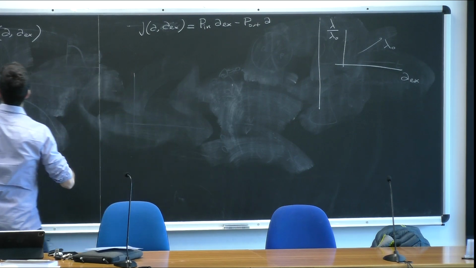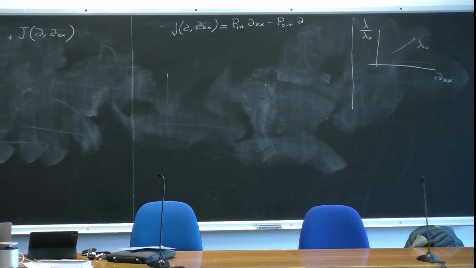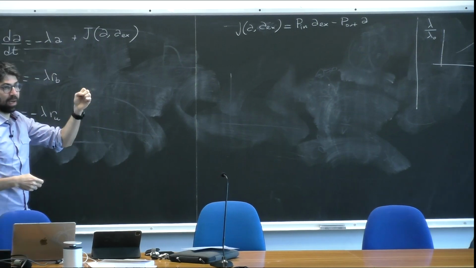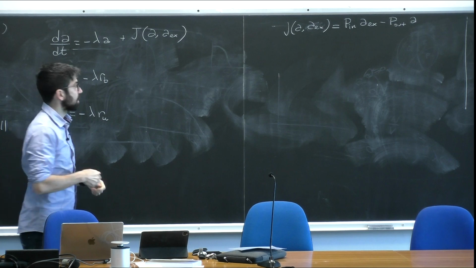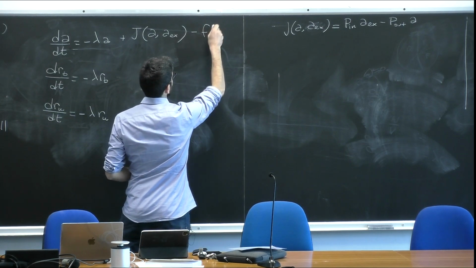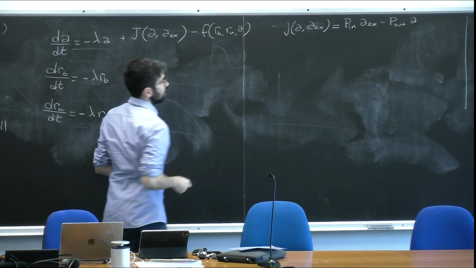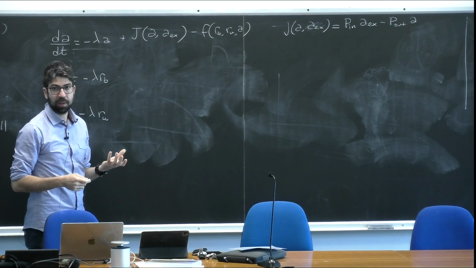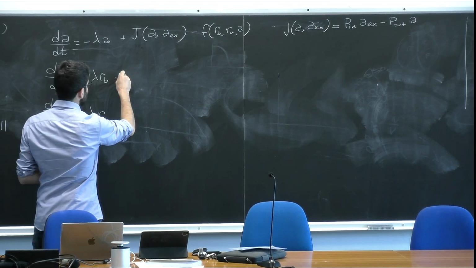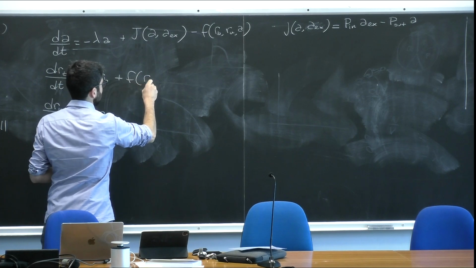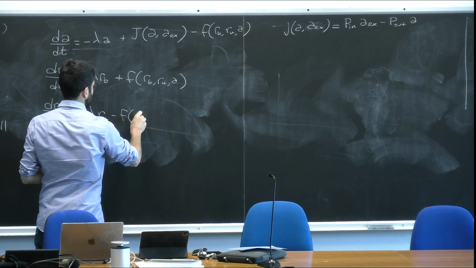Then the number of available molecules decreases when this binds to a ribosome. So this decreases with a function of R_B, R_U, A, which represents this binding. The number of bound ribosomes increases with the same function, and the unbound decreases with the same function.